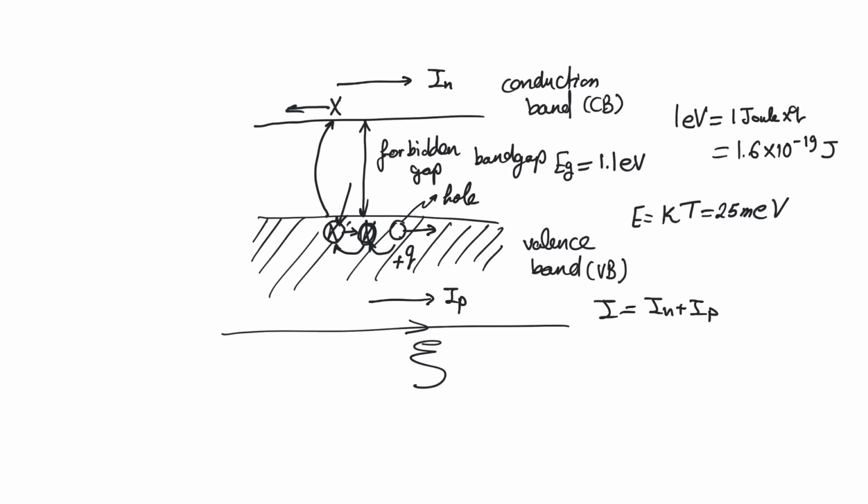Now let's think about what allows current to flow. There are two things that are required for current to flow: free charges, or electrons, basically, and empty locations for these electrons to move into, meaning empty states for them to be able to move into. The valence band is very rich in electrons, but it is very poor in empty locations.